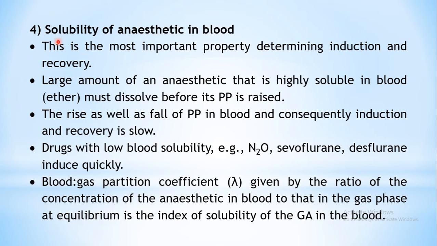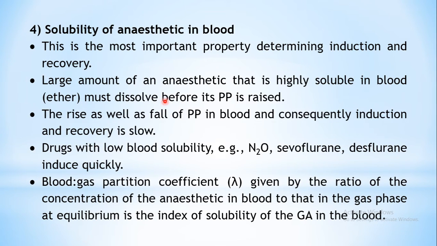The next factor is solubility of anesthetic in the blood. That's again a very important property which your anesthetic should have, which will determine the induction and the recovery both. Now supposing the anesthetic has a very high solubility, as I've already told you all earlier, say for example ether has a very high solubility in the blood.